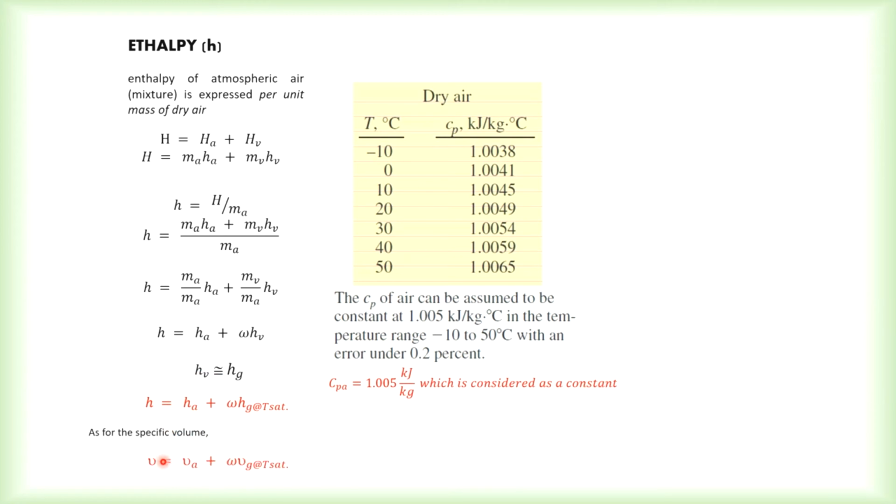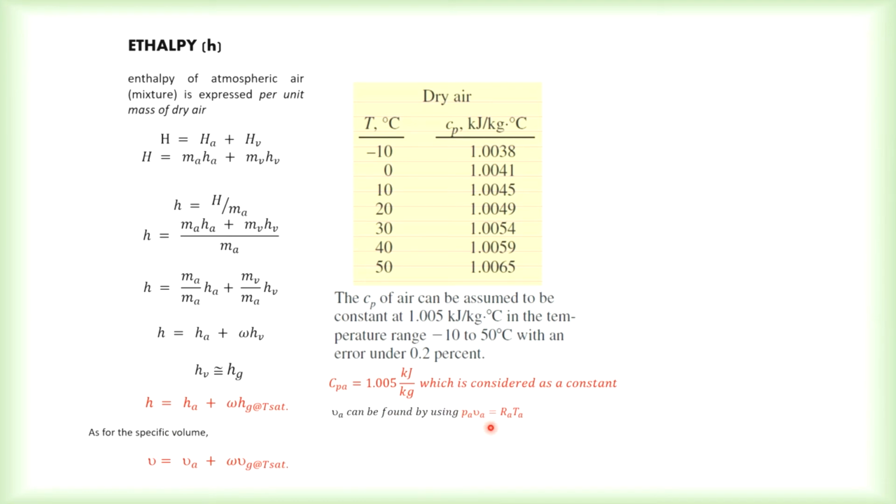Or you can use this to find the specific volume of the mixture also, by taking VA plus omega VG, specific volume. VA and VG can be found by applying the ideal gas equation PV equals RT, or PV equals MRT. Usually you use PV equals MRT because you are considering the mass of air and the mass of water vapor.